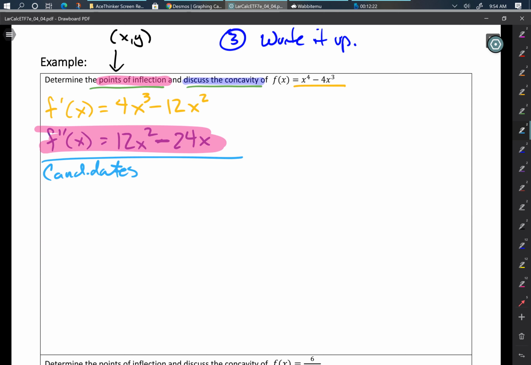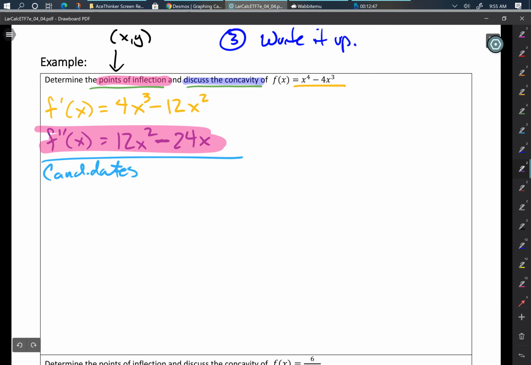So if you say critical values or critical numbers, you're talking about first derivative stuff, and this is second derivative stuff. Technically, I've never seen a name for these points. I call them candidates. They're candidates for our points of inflection. I've never seen a name for them, though, that is consistent across all calculus textbooks. So it's where the second derivative is equal to 0 or where the second derivative does not exist.